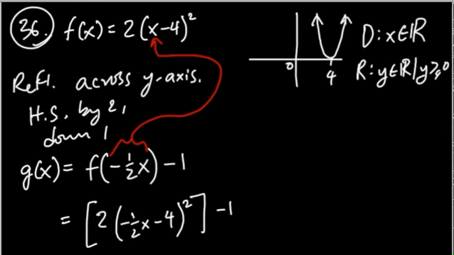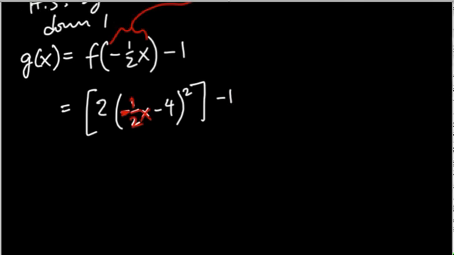Okay. So really, if you think about it, all I've done is I've replaced this x with negative half x. The f of x still looks relatively the same. And what we need to do now is, you see, this is not factored. And this 2 is not being squared.